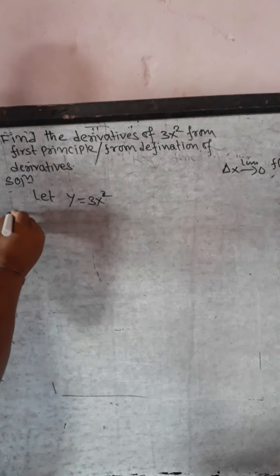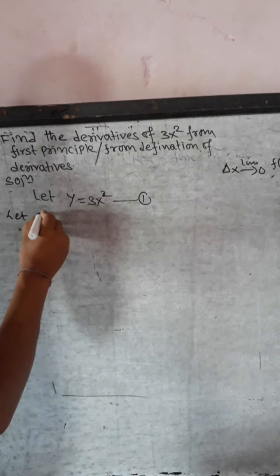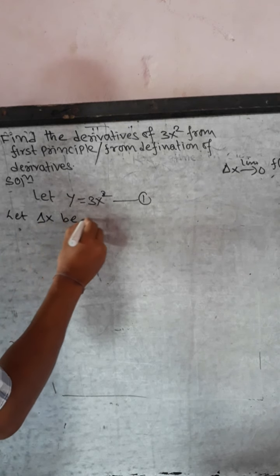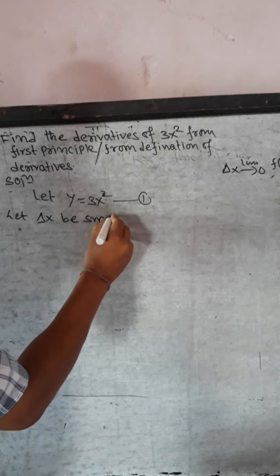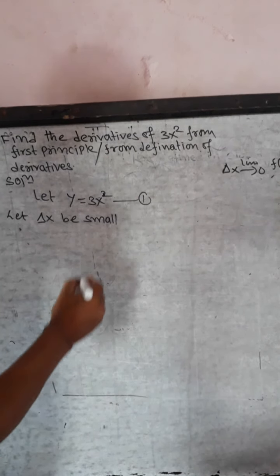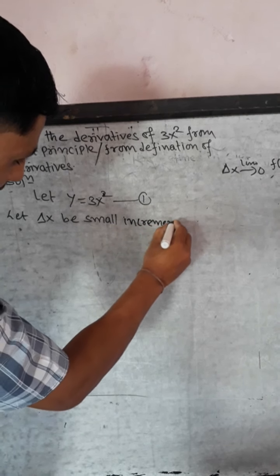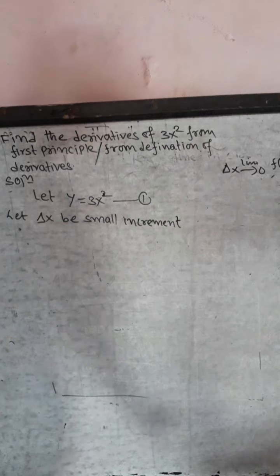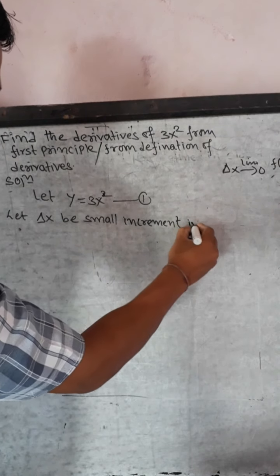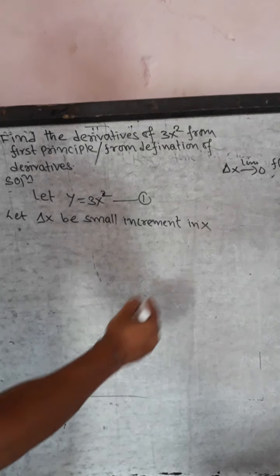So first what you have to do, suppose this is equation 1, let del x be a small increment in x. So what is del x? Del x is the small increment, a little bit increase in x.